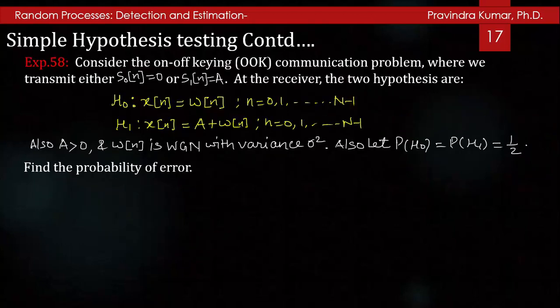Consider the on-off keying communication problem, where we transmit either s0[n] equal to 0 or s1[n] equal to A at the receiver.